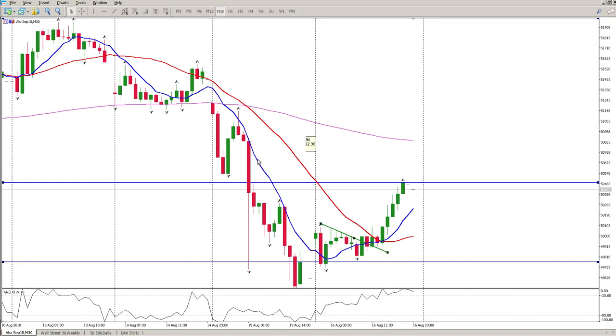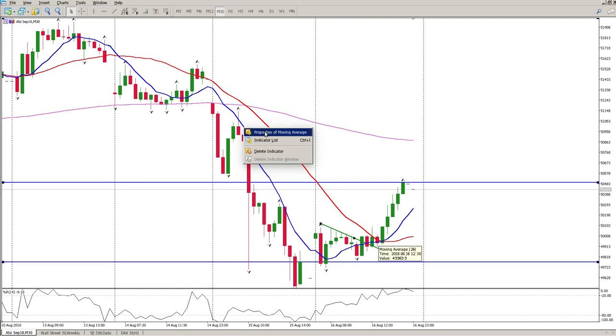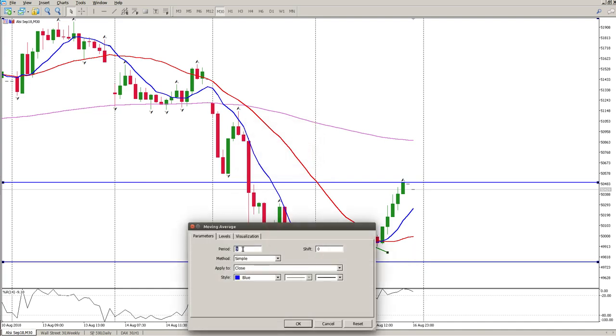All I've really done is, I'll show you the properties of that. We've created two moving averages, one is a 9, one is a 26, and it shouldn't be simple. You can do it whichever way you want to: simple, exponential, smooth, linear weighted. It doesn't really matter. It gives you a similar result.